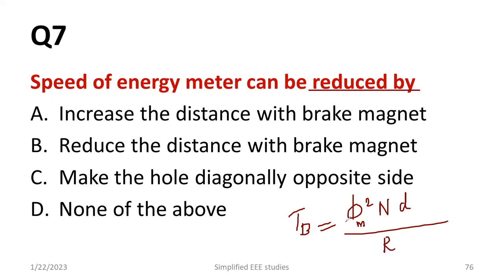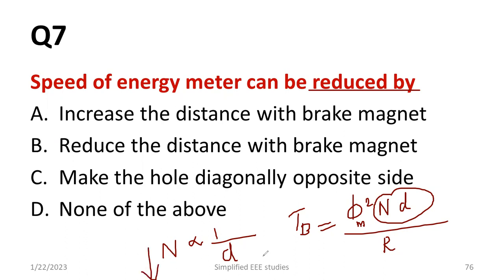Here N is nothing but speed and d is the distance from the brake magnet. If you talk about the relation between N and d, we can write that N is inversely proportional to the distance.